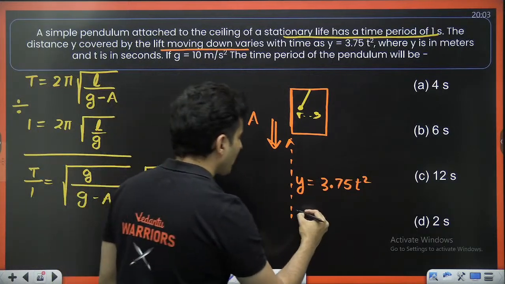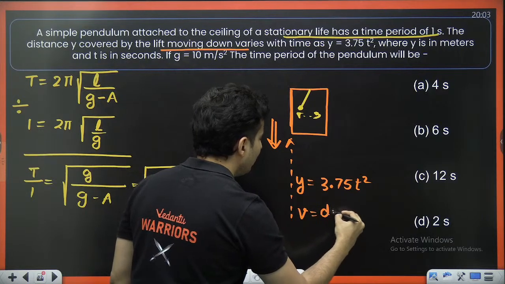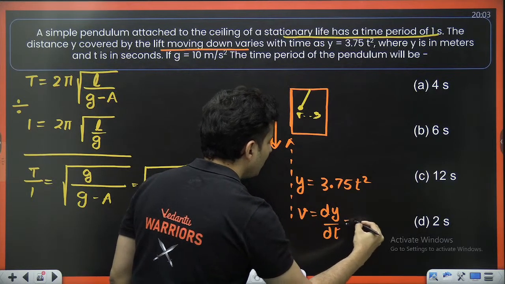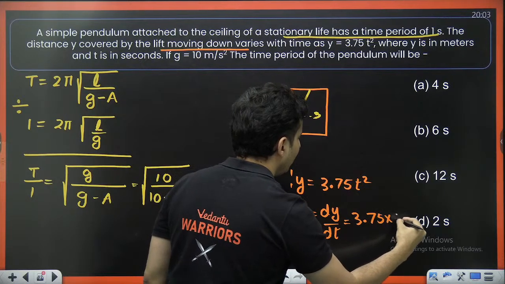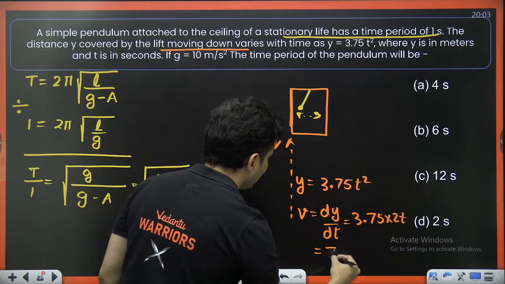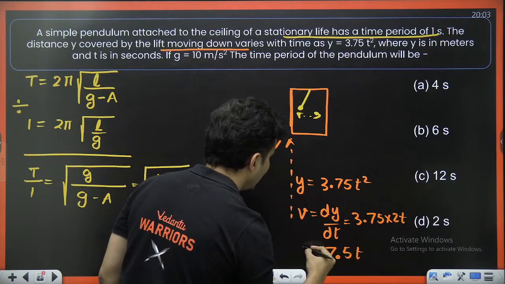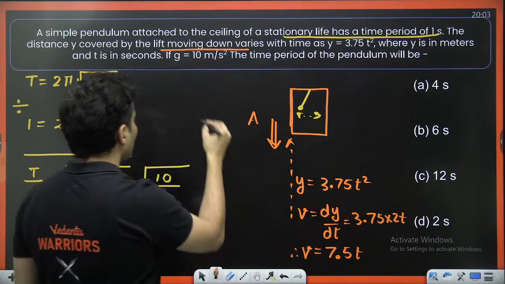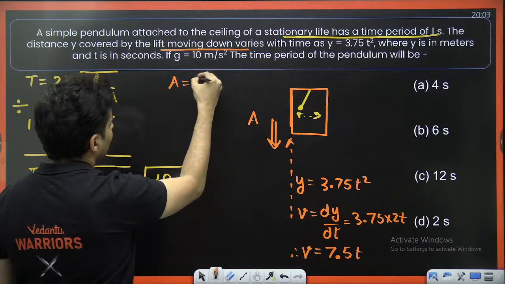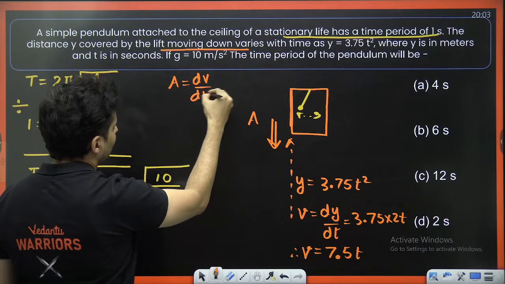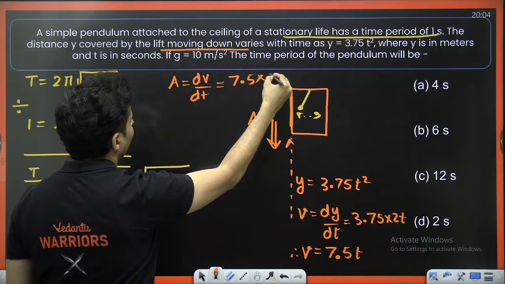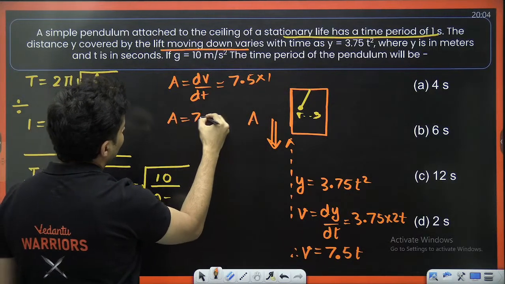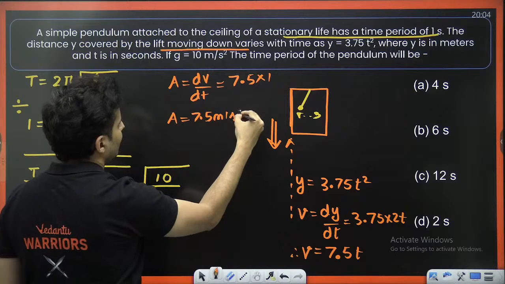Well, from here, velocity will be dy by dt. So that will be 3.75 into 2t, which is basically 7.5t as your velocity. What will be the acceleration? That will be the derivative of the velocity. So when you take the derivative of 7.5t, it will be 7.5 into 1. So acceleration will be 7.5 meters per second square.